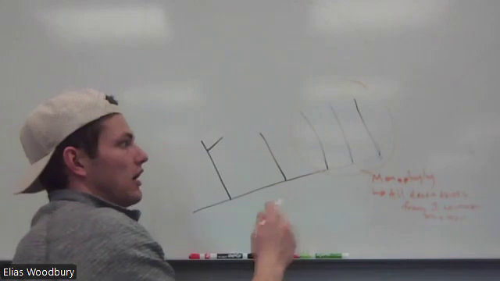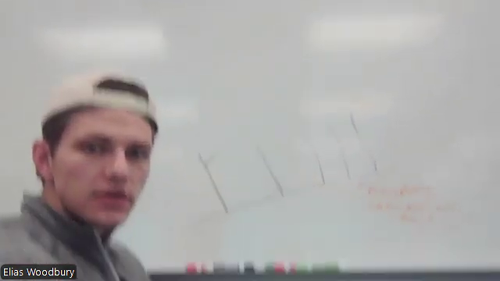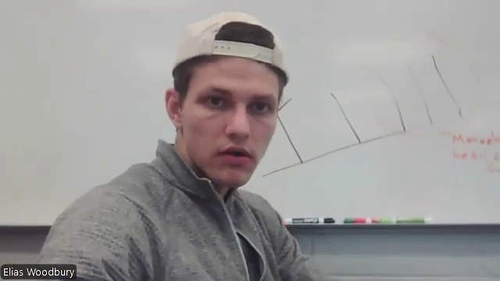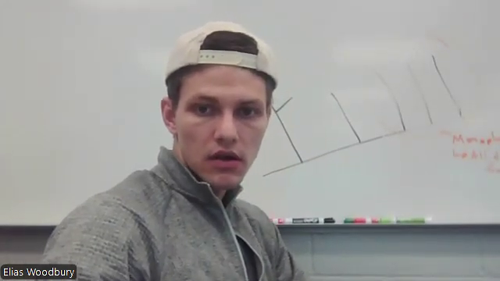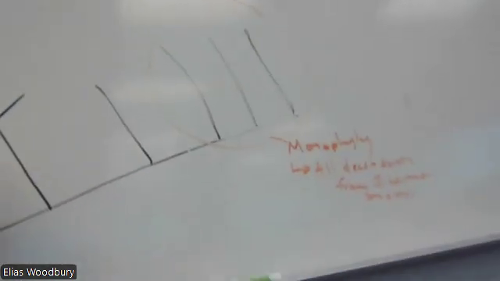Okay, so what I like to do is if I just look at the circle, right? It's kind of hard to see on this camera. But you can see I have my circle.